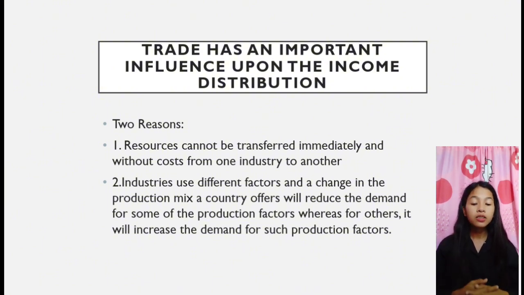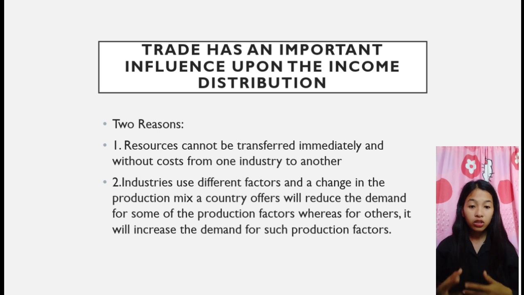Next is, industries use different factors, and a change in the production mix a country offers will reduce the demand for some of the production factors, whereas for others, it will increase the demand for such production factors. From one country to another, industries have different factors of production.